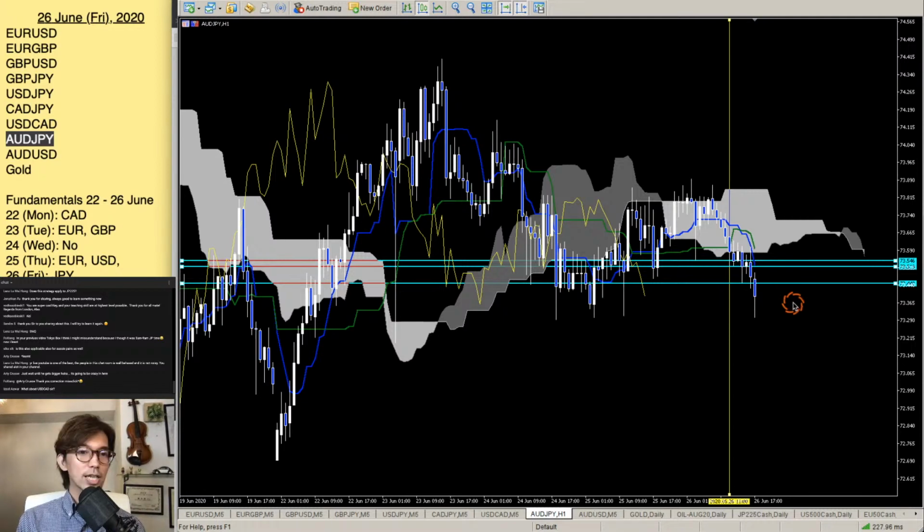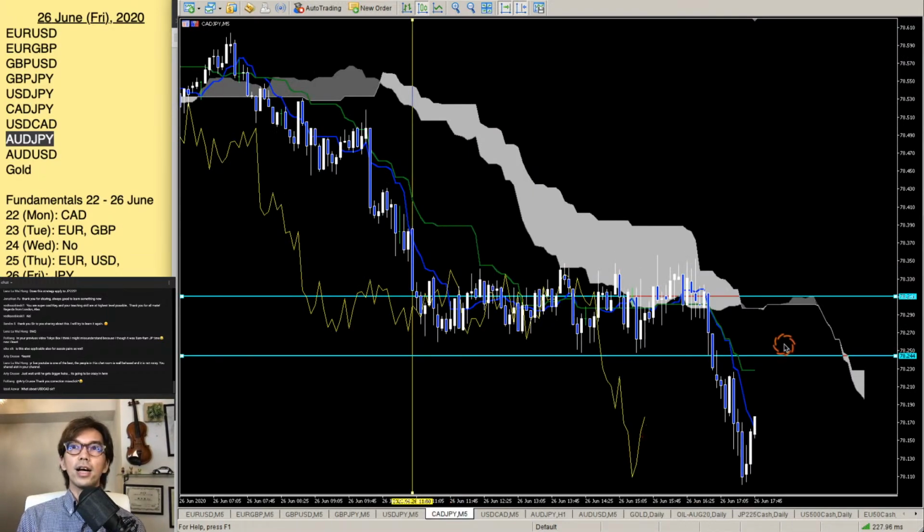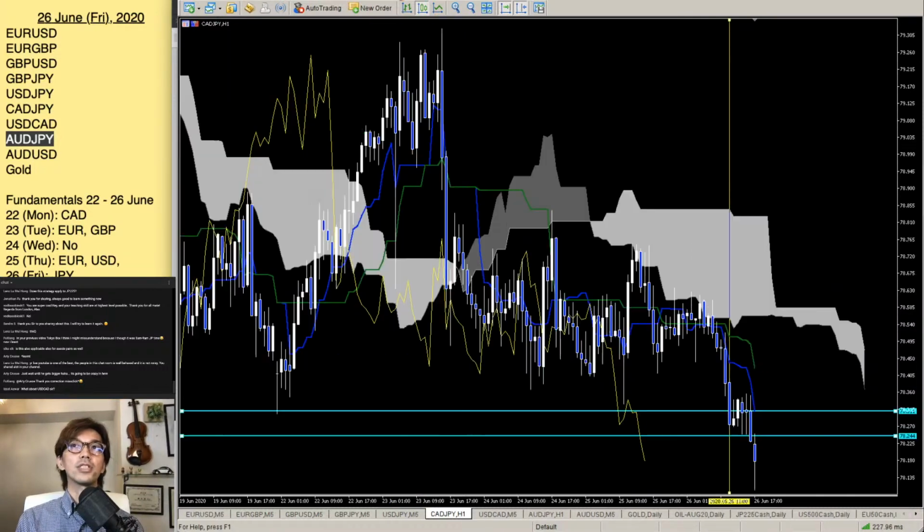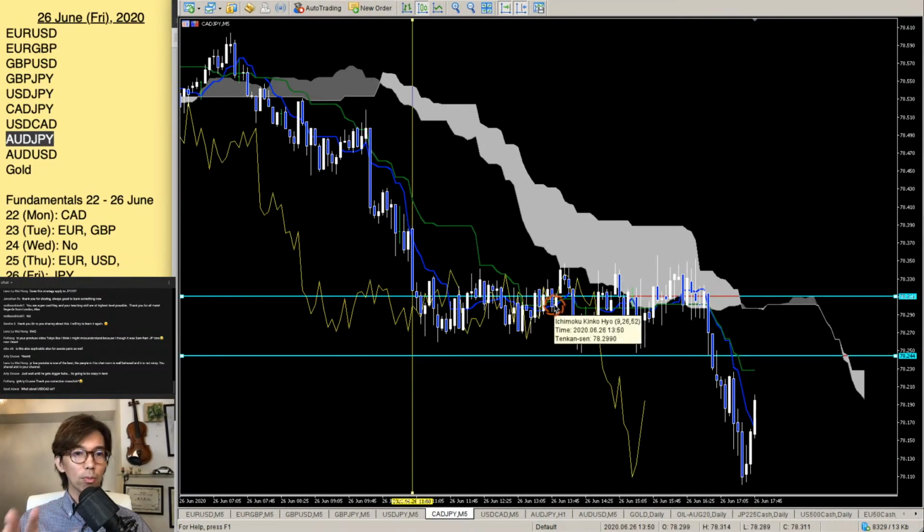But CADJPY was a good downtrend in the 1 hour chart. Still, this is downtrending, so I will still look for the sell chance on this particular pair. I am a trend follower, so I always follow the trend. Whenever there's a trend in bigger time frames, I look at the smaller time frames to capture the trend. And Tokyo Box strategy is just one of the strategies.